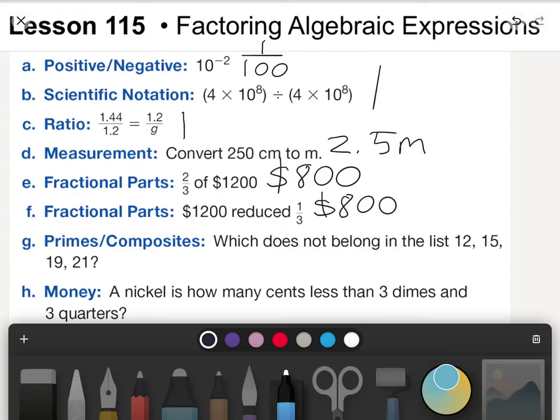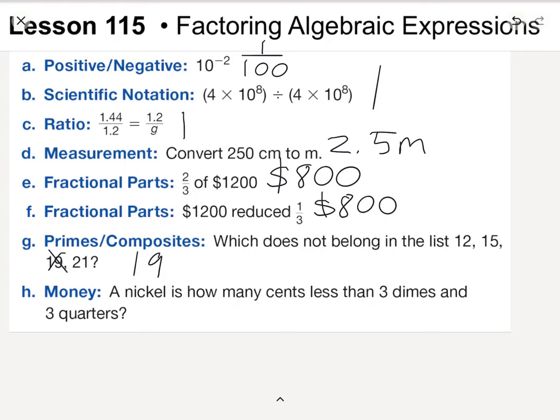And looking in here, which number does not belong in the list? 12, 15, 19, and 21. It appears to be the one that you cannot divide by 3. So 19. It's the one that does not belong. And then a nickel is how many cents less than 3 dimes and 3/4?